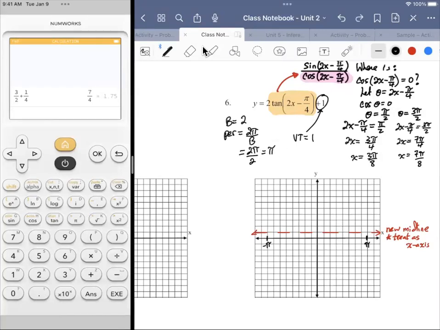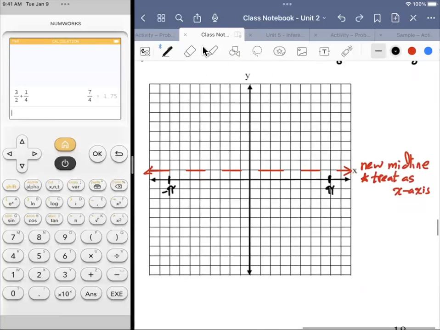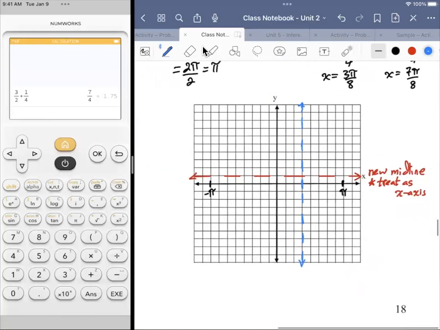Now coming up with 3/8, well, they're 1/8 units. So 3 of those 1/8 units put you right here. And then the other one was 7/8. So that's 1, 2, 3, 4 to the right, or 1 short of pi, which would be 8 over 8.